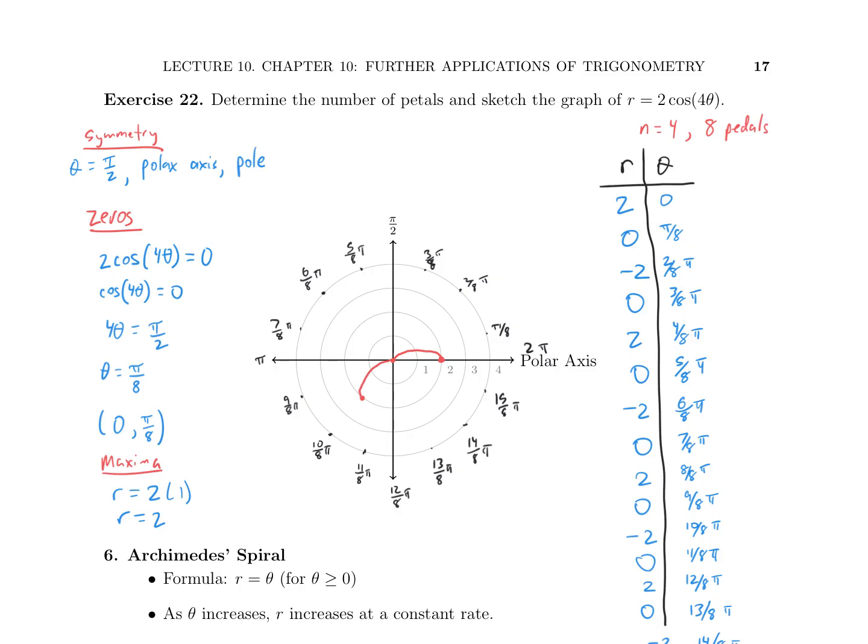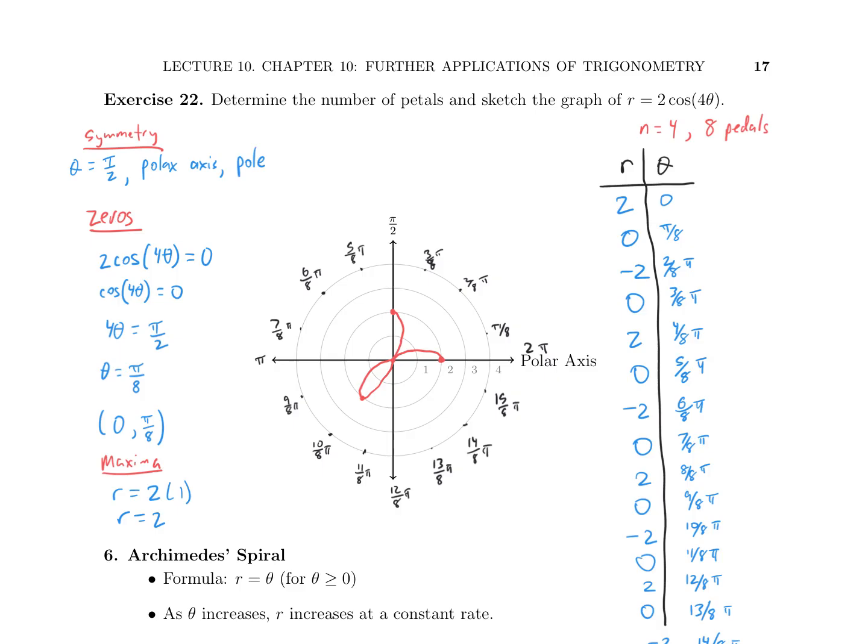And then look at the next point, 3/8 pi. At this angle, you're going back to 0. So now we've completed it. And then at pi over 2, you're going to go 2 units out. That's this one right here. At 4/8 pi, you go 2 units. Boom. All right, so now you're going to start this petal.